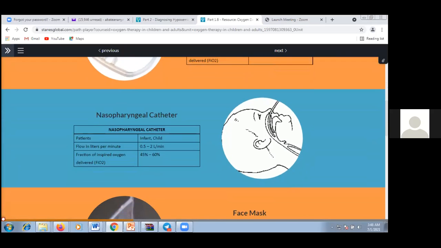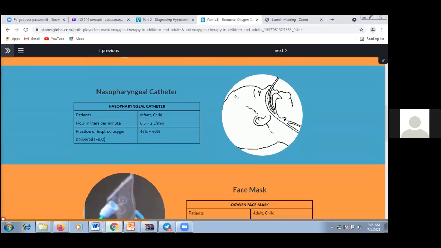Next, which was not seen in the previous picture I showed you, is the nasopharyngeal catheter. It's usually used in infants and children, at a rate of 0.5 to 2 liters, and we can achieve a fraction of inspired oxygen up to 60%.